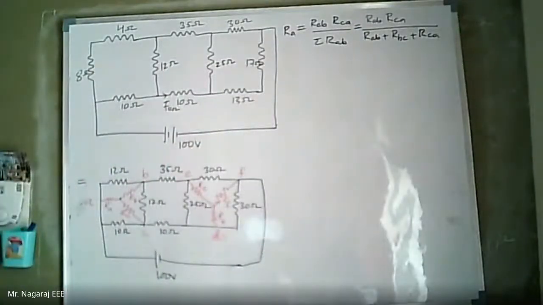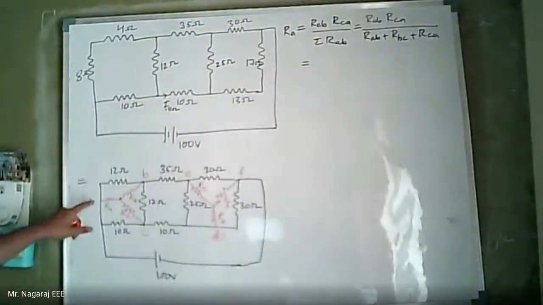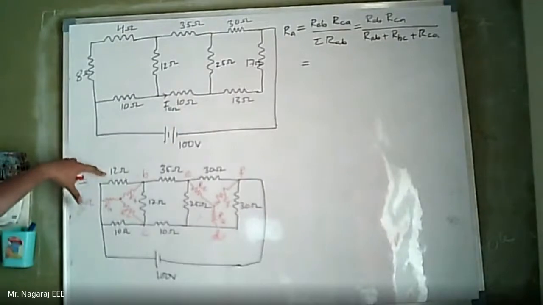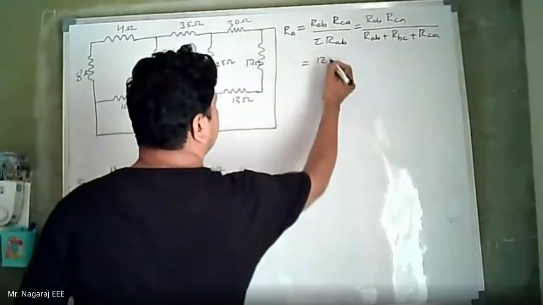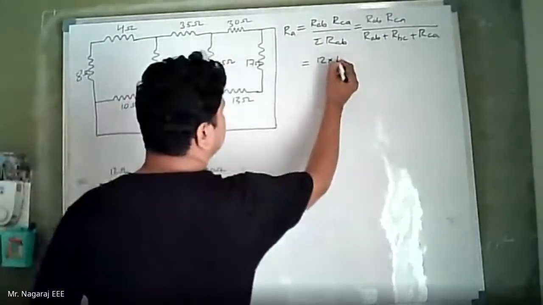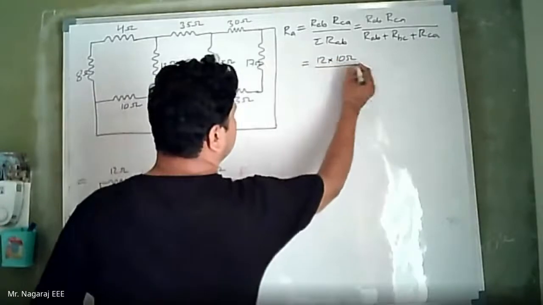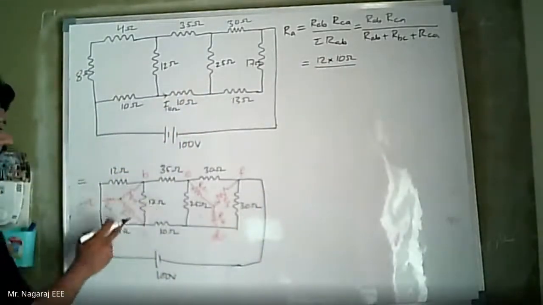So substitute the values. RAB, from A to B, the connected resistance is 12 ohms, into RCA, which is 10 ohms, divided by the sum of all the three delta connected resistors, 12 plus 12 plus 10.